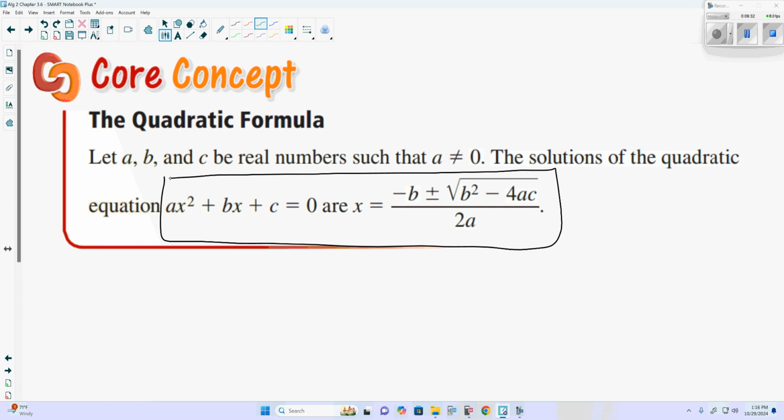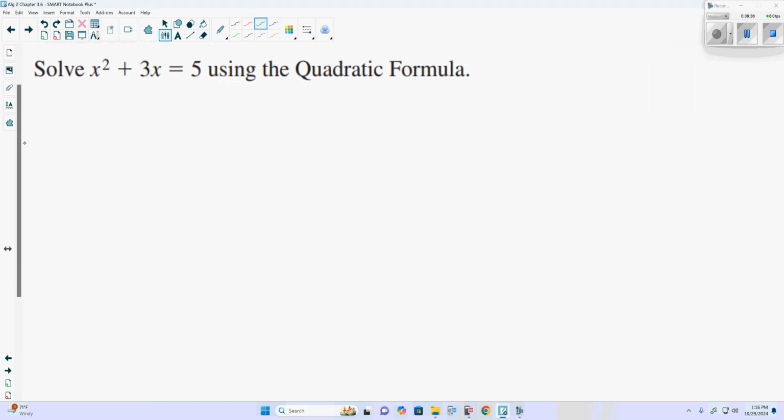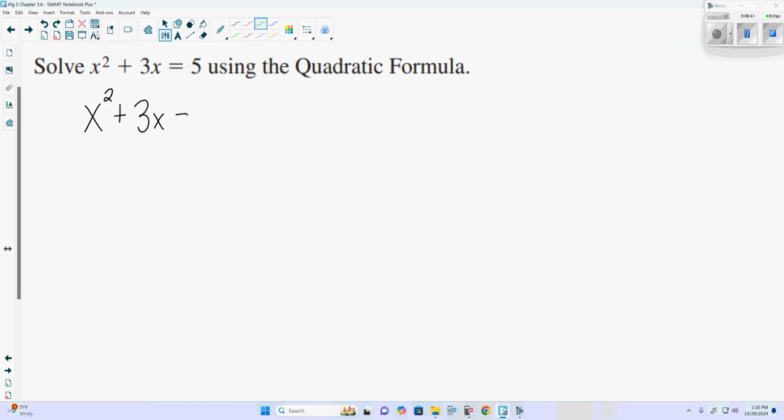Okay. Now let's look at our first example. We're given this equation, x squared plus 3x equals 5. For us to be able to use the quadratic formula on this, we need to get this equation equal to 0. So to get this equal to 0, what do we need to do?